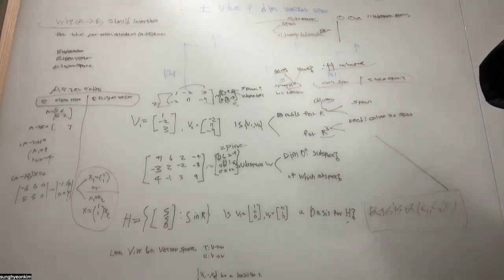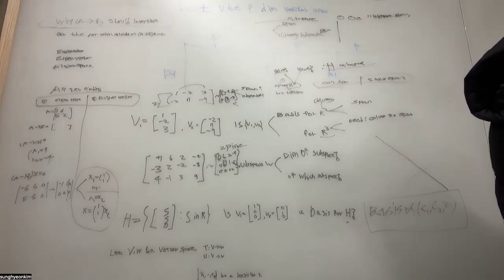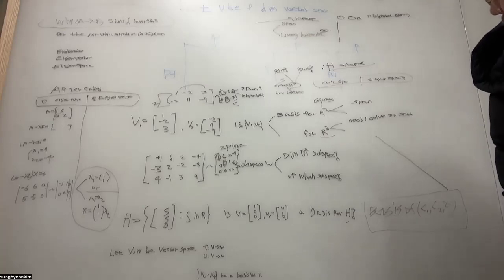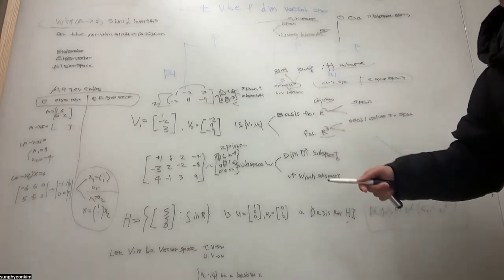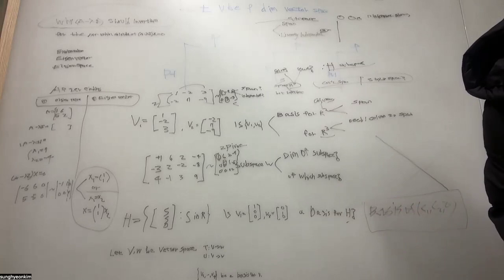It cannot possibly be a basis for R2 because they do span, so they can be a basis of R3. But they are not in R2.